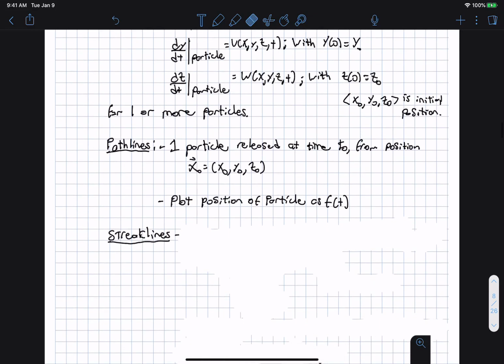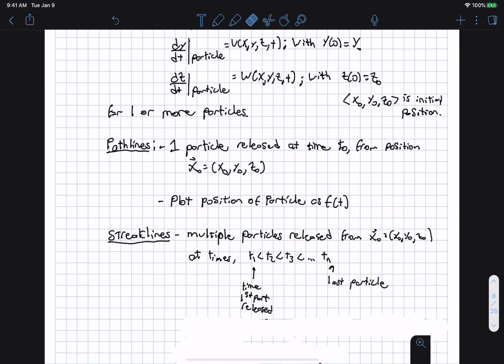And now for streak lines, we have multiple particles that are released from the same position, x naught, y naught, and z naught. But now, instead of releasing one particle at some t naught, we release multiple particles, starting at time t1.